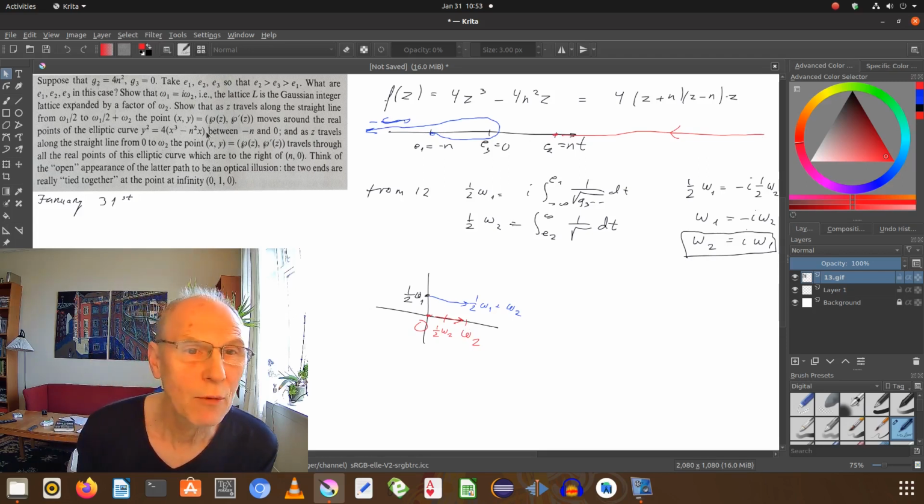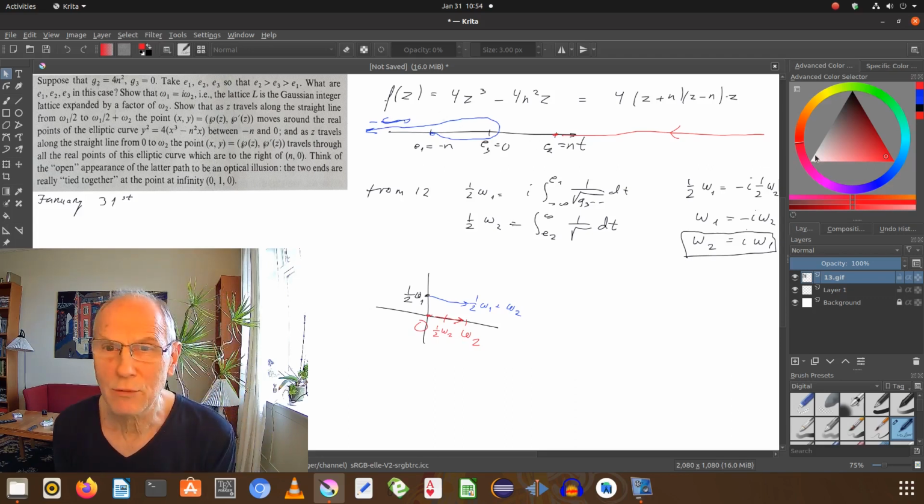Now what does it move around, the elliptic curve between minus 1 and 1? z travels through the real points of the elliptic curve, along all the real points.